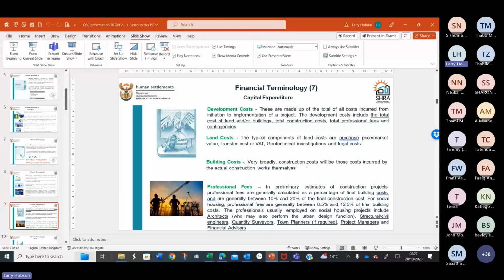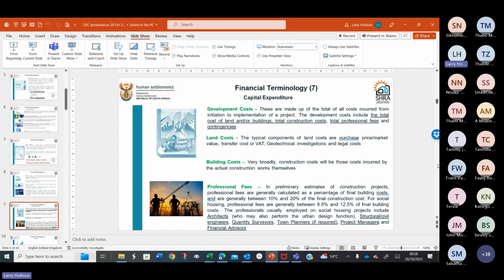Okay, let's now go to the term capital expenditure, which is sometimes called CapEx for short, which is how you build up your long-term fixed assets. So in a property business, your development costs are normally your main asset, made up of the total costs incurred from the initiation of the project through to implementation.